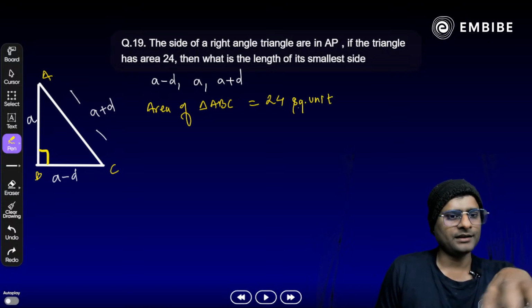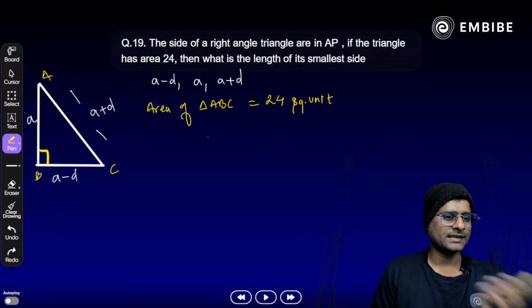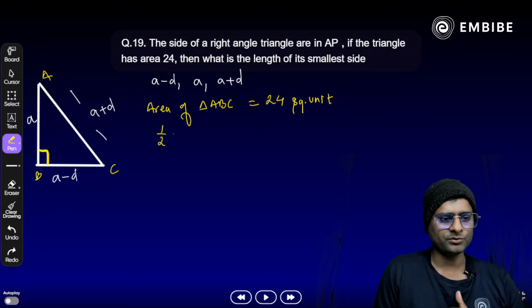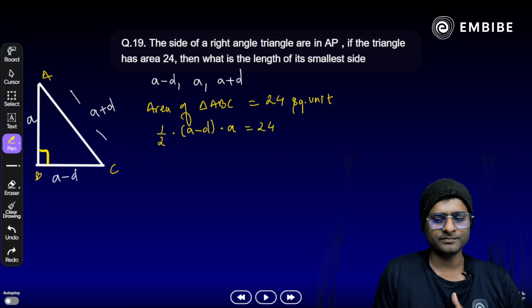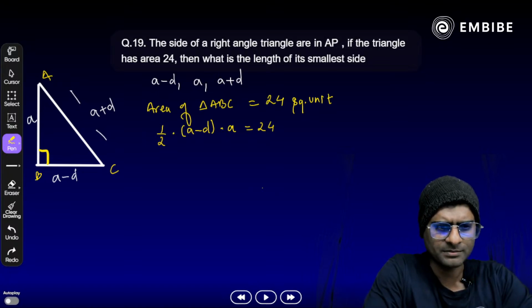What will be the area of a triangle? We know that it is simply half into base into height. Look at the height, it is already given, and base as well. So just apply half into base, a minus d, and height a, is equal to 24. We have to just mark this as equation number 1.